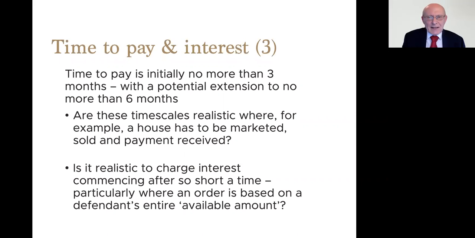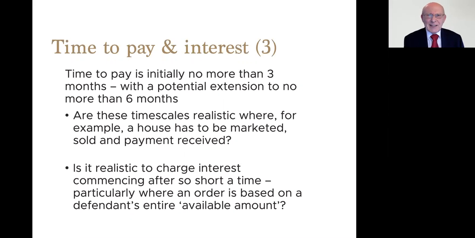And is it realistic then to charge interest commencing after so short a time? Particularly where an order is based on a defendant's entire available amount, as they often are. So if we've made an order against the defendant for his entire available amount to be paid, let's say within 6 months, and that includes the sale of his home, and he doesn't get the home sold quickly enough, with the best will in the world, he doesn't get the money in quickly enough, the mortgage settled and so on, the money into court within the 6 months, then interest is going to be added to the amount of the confiscation order.